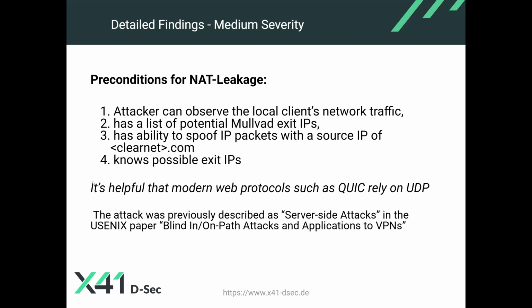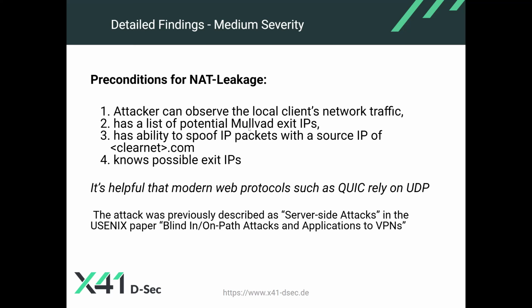What we found is that with increasing usage of modern web protocols like HTTP3 QUIC, which relies on UDP, you can also run this attack with TCP under some conditions. And the preconditions, to reiterate, are that the attacker can observe the network traffic of that client, just not decrypt it, just observe it.